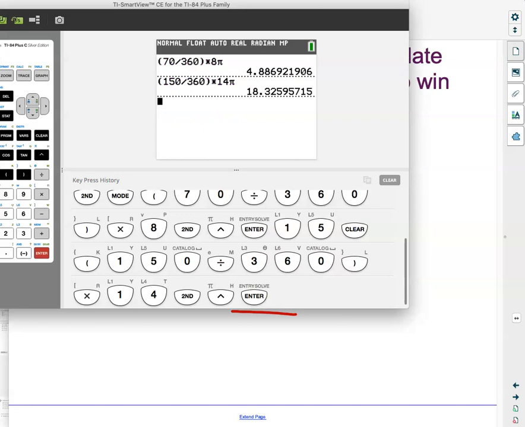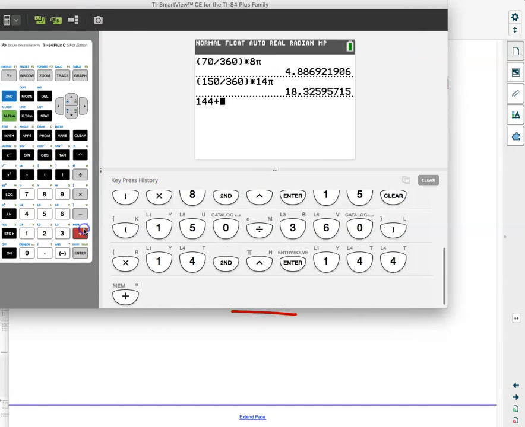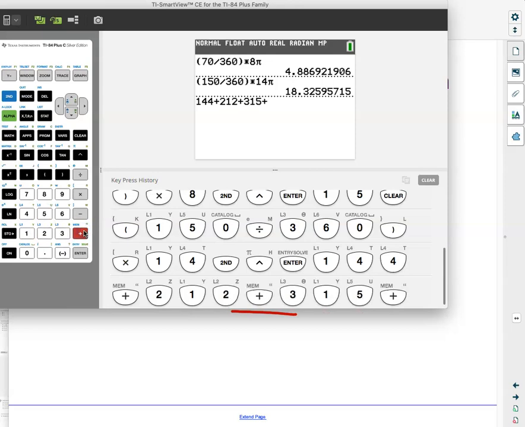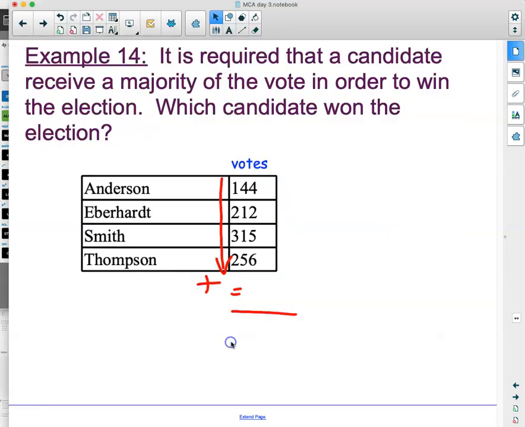So let's do that. We've got 144, 212, 315, and 256. Grand total of odd kind of number there, but it's voting, so 927.